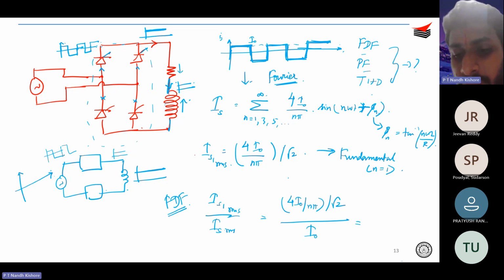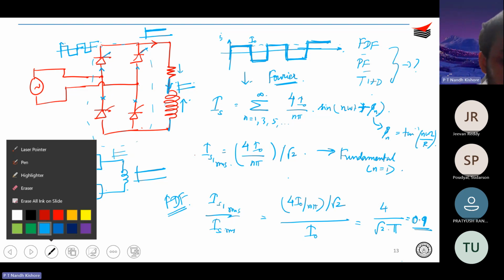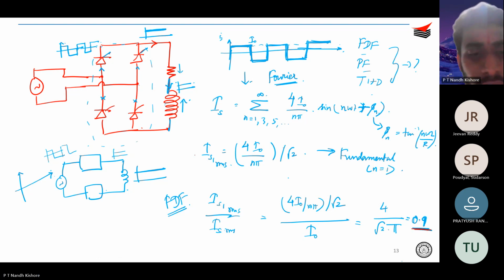So you are going to end up with 4 over, n being 1, 4 over root 2 pi, which will give you around 0.9. So the fundamental displacement factor is 0.9.